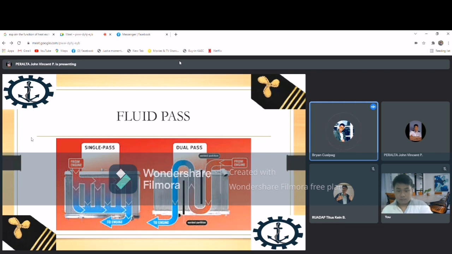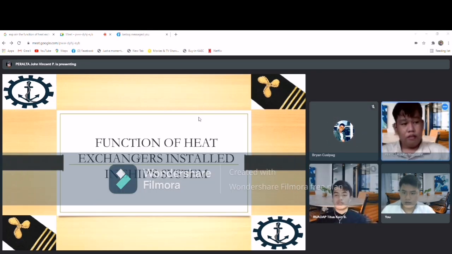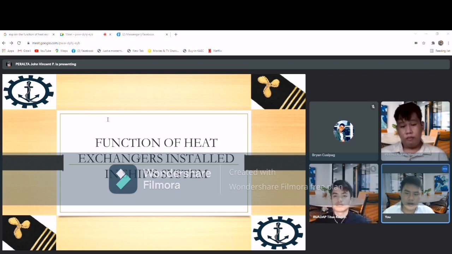Next, function of heat exchangers installed in ship systems. Heat exchangers are a kind of thermal machine widely employed on ships of every type, from cruise ships to large ones, where they provide cooling for engines and hydraulic oil in order to ensure the perfect lubrication and working conditions of each transmission and power system on board. Heat exchanger, ano nga ba ang tungkulin nito sa pagbabarko?